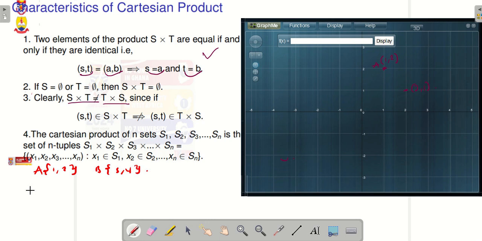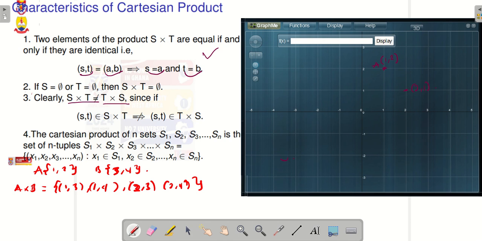Now let's find A cross B. A cross B is going to be equal to 1, 3 as one, 1, 4 as another, 2, 3, and finally we have 2, 4. Now this is for A cross B.